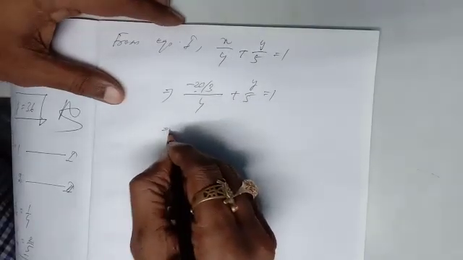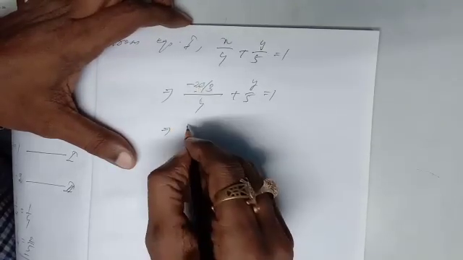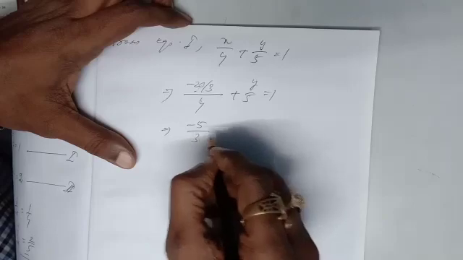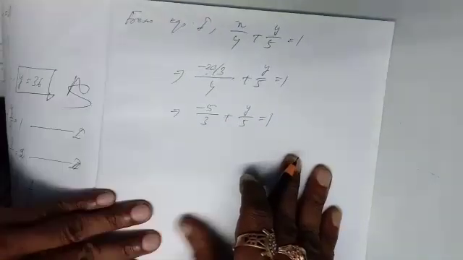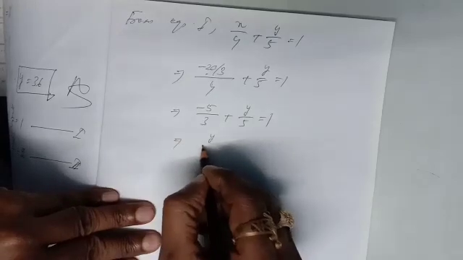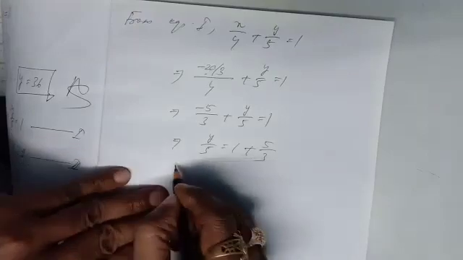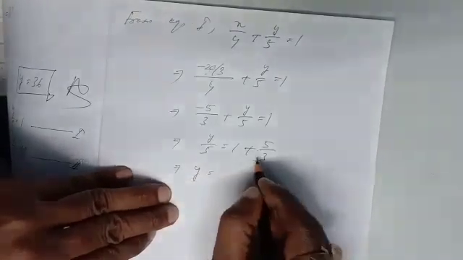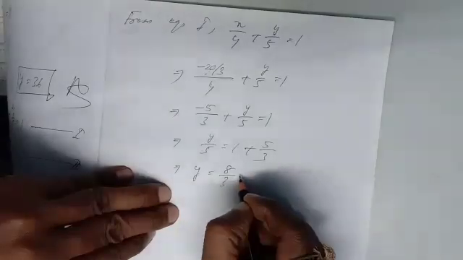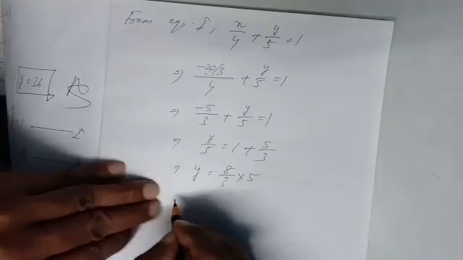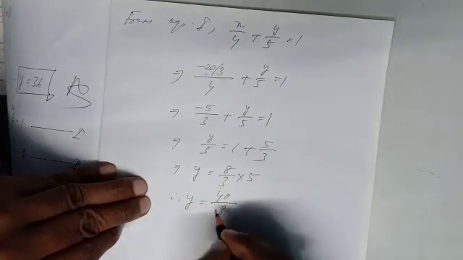So finally it will be minus 4 fives are 20, that means minus 5 by 3 plus y by 5 is equal to 1. Now y by 5 is equal to 1 plus 5 by 3. Then y will be how much? This will be 3 plus 5, 8 by 3, into 5. Therefore y you are getting 40 by 3.